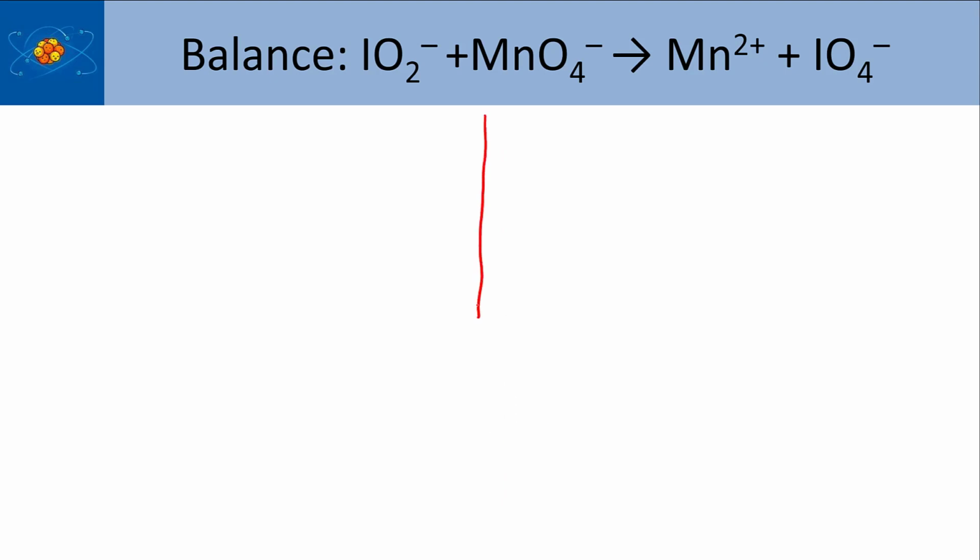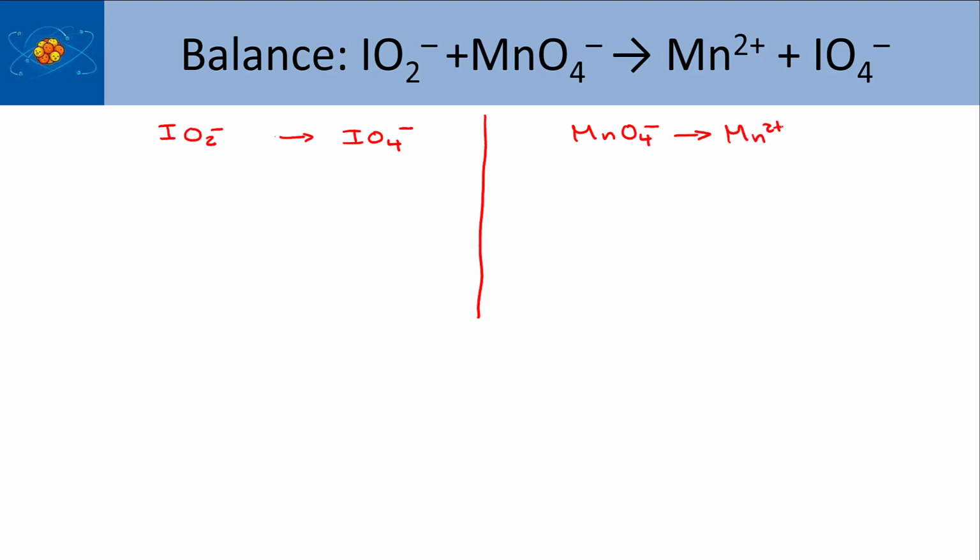Okay, so I'm going to go like this: IO2 minus, and then I'm going to draw an arrow and leave myself a little room, IO4 minus, and then I'm going to have MnO4 minus, and that makes Mn2 plus.